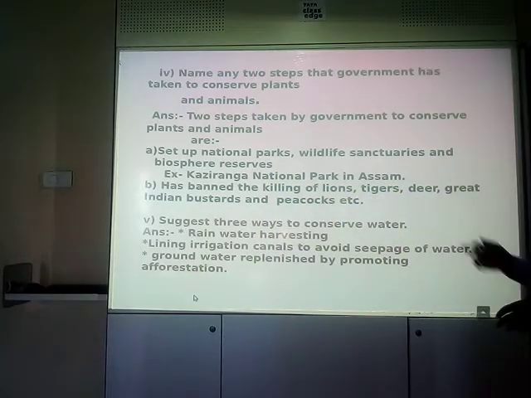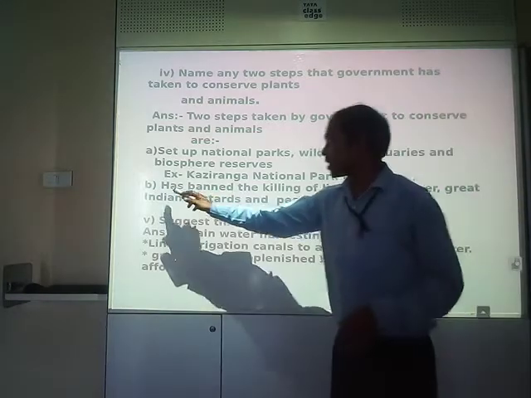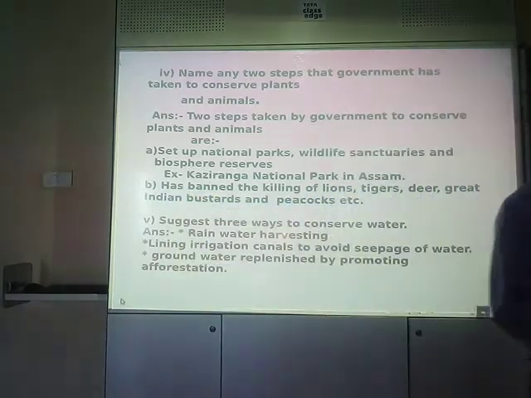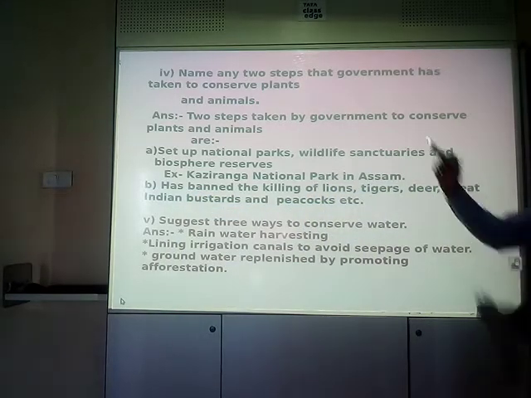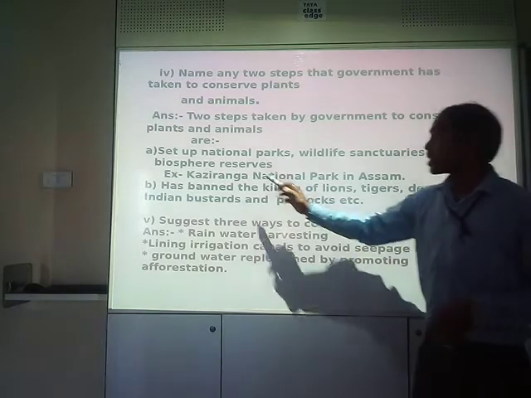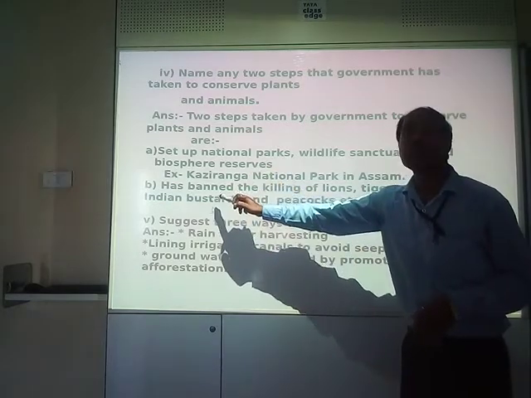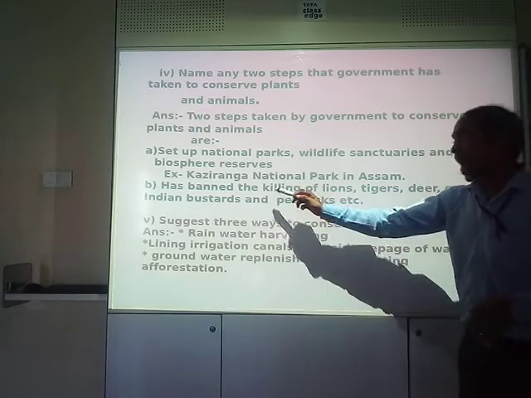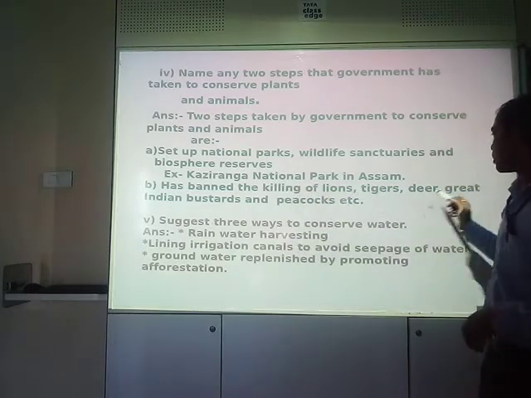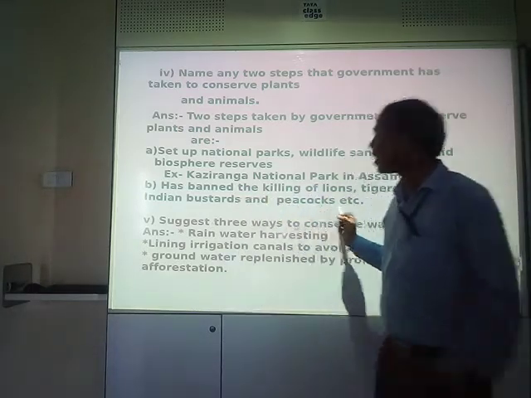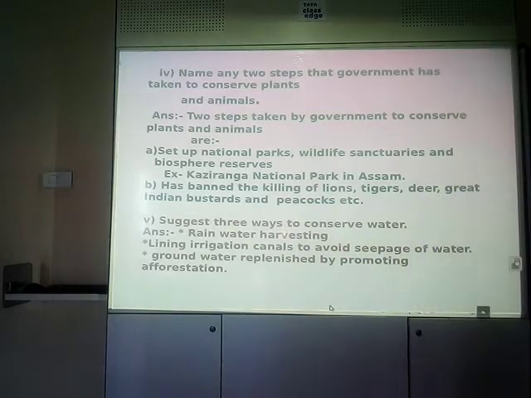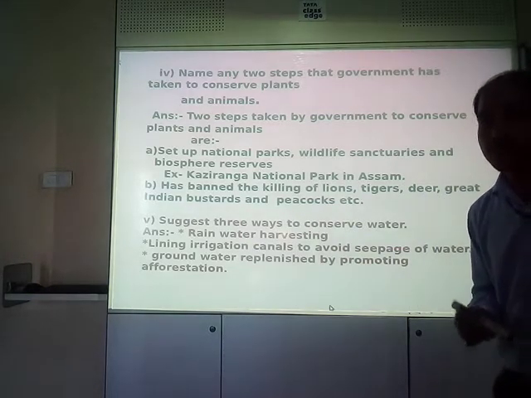And the second step that the government has taken in order to conserve the plants and animals is this: they have banned the killing of lions, tigers, deer, great Indian bustards and peacocks and several other animals which are endangered species, or you can say they are on the verge of extinction.